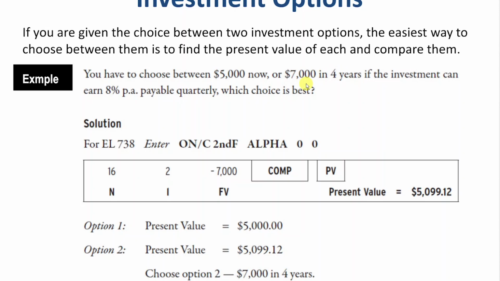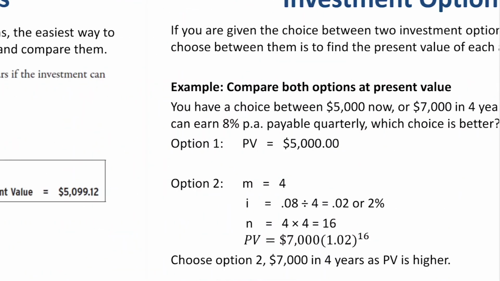So for 7,000 in 4 years, if the investment can earn 8% per annum payable quarterly, what choice would you use? Therefore, you want to look at the present value of $7,000 in 4 years, quarterly at 8%. How do we do that? Let's look at the next page.